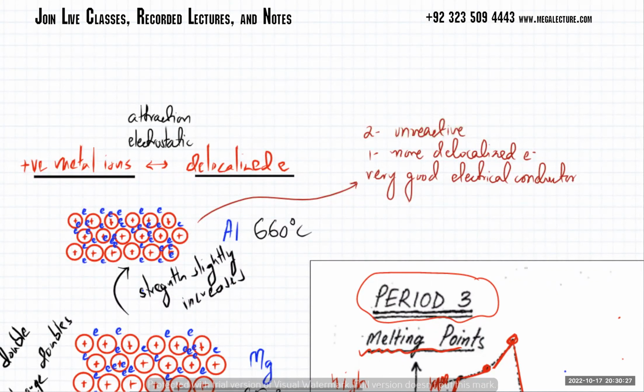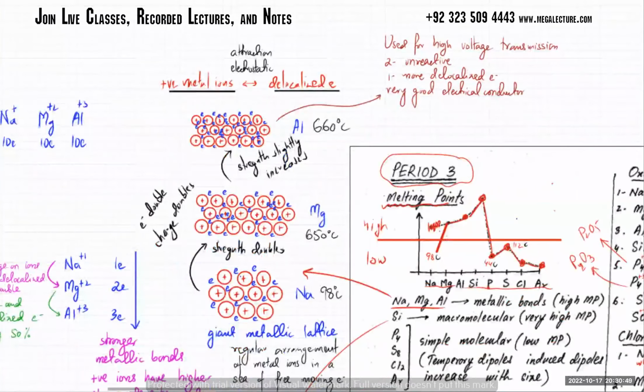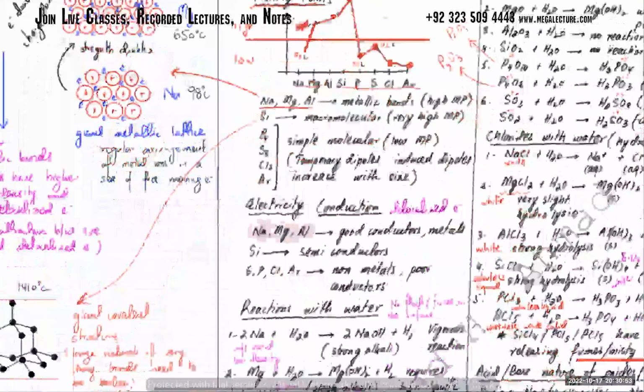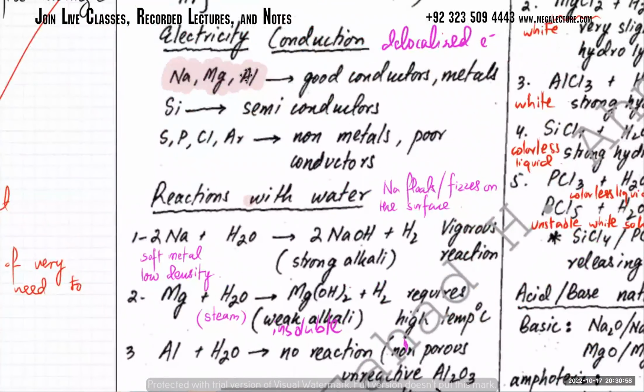Which is why it's used for high voltage transmission. So remember, aluminium is going to be the best electrical conductor, even compared to sodium and magnesium. Is this clear as well?